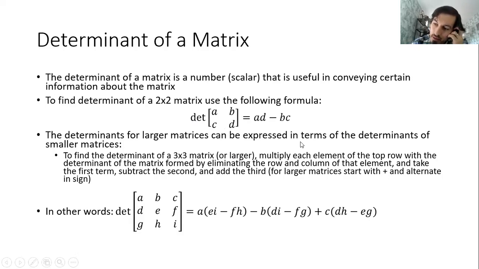If you think about the information that is contained in the matrix, if the determinant is equal to 0, you actually have less information. So there's this term called rank, right?